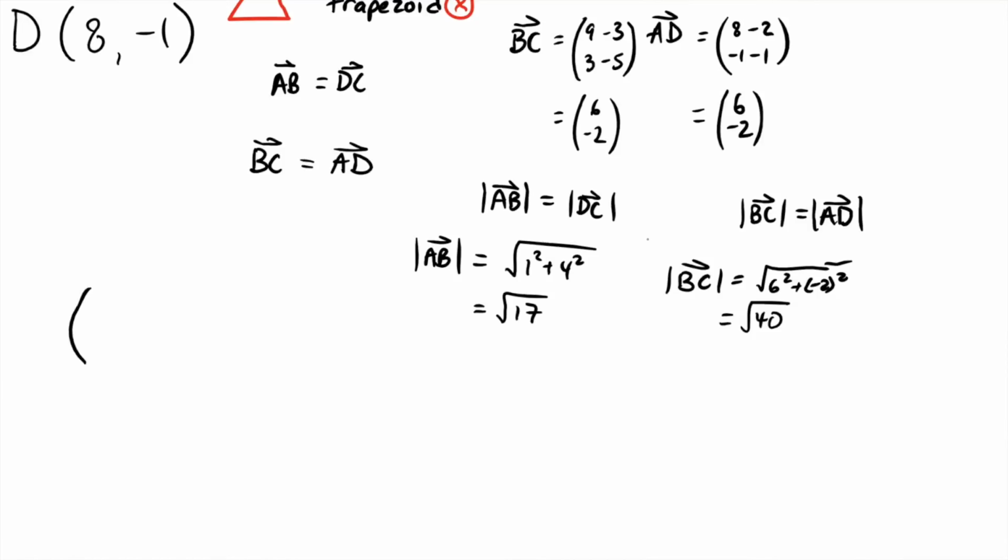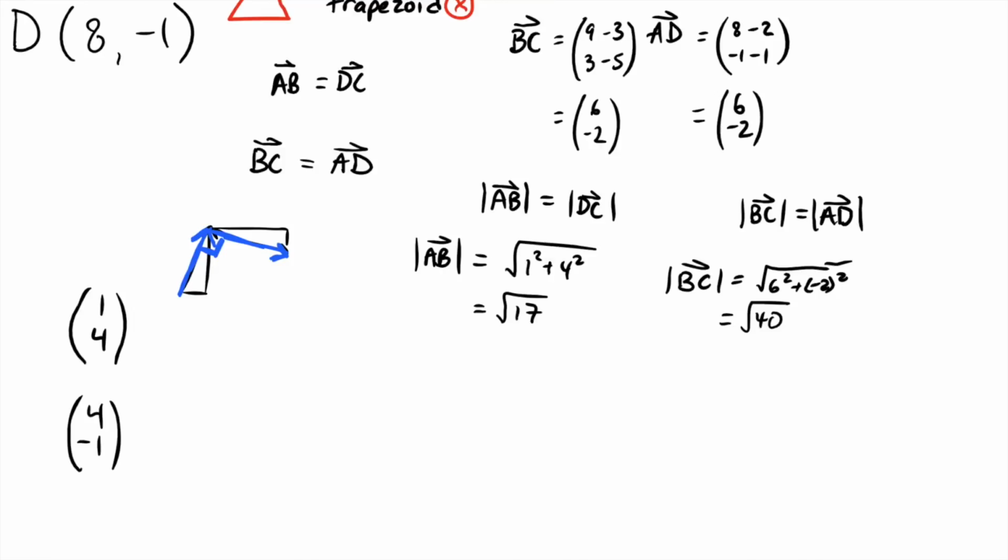If I have a vector 1, 4, so I go to the right 1 unit and up 4 units, in order to meet at a right angle, a vector would have to take the components, flip them, and make one of them negative. So if I was to head right 4 and down 1, and draw that vector, this vector here is meeting with this one at a right angle.